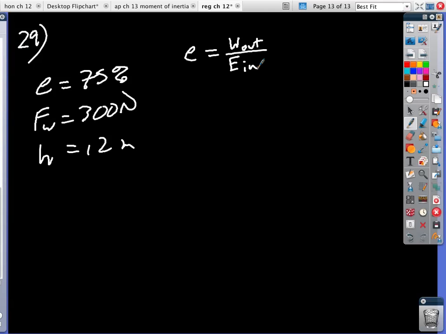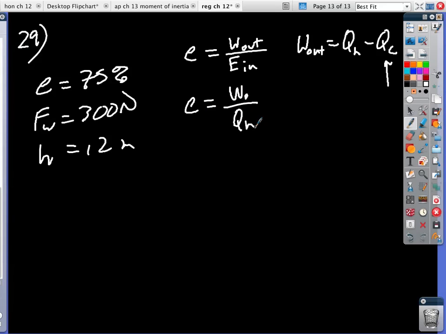We have to use this, and then we have to use the fact that work out equals QH minus QC, because QC is going to be the big deal. Because remember, when we say energy in, that's like QH. So we could solve this one for QH.